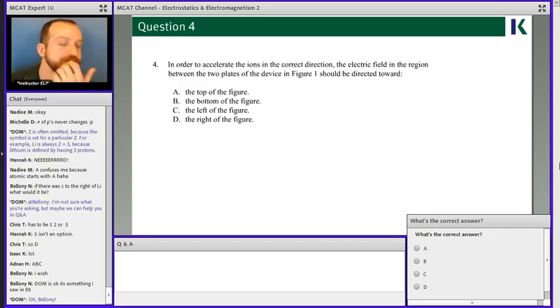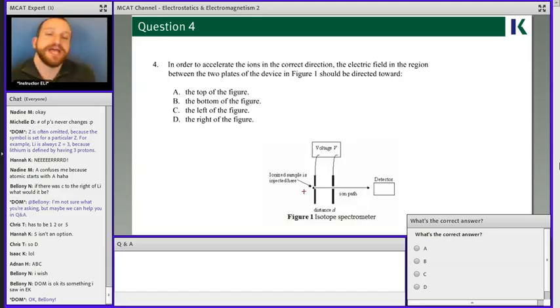Now, speaking of looking for those kind of shortcuts and tricks, let's look at number 4, because it's clearly asking us about some sort of orientation for a field, and we've got a lot of ways that we can play with fields. So, if we've got a field here between the plates, and we want the ions to be accelerated correctly, there's one word that's important from that question stem.